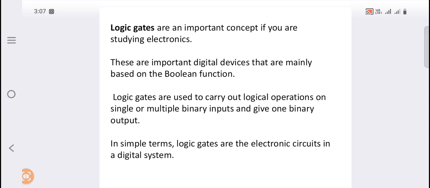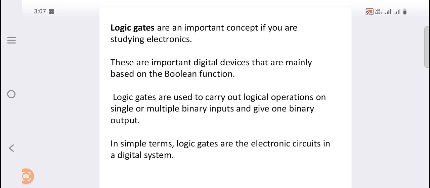Dear students, the three core logic gates are the AND gate, OR gate and NOT gate, which can be combined to create more complex functions established for the operation of computers and digital devices.